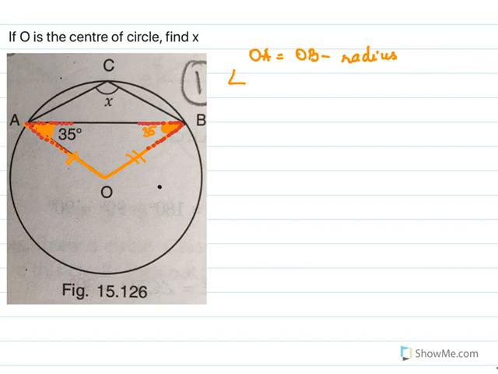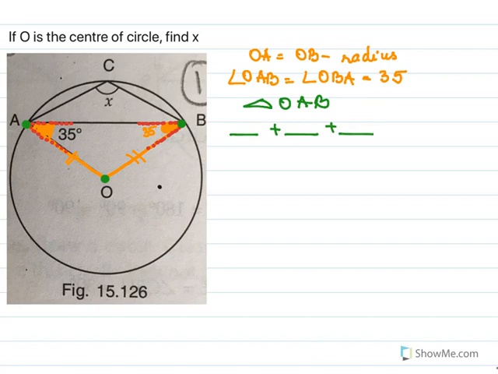So we write that angle OAB equal to angle OBA equal to 35. Next step, we take the triangle OAB, that is O, A and B, this triangle. In this triangle there are three angles, and when you add up the three angles you get 180.